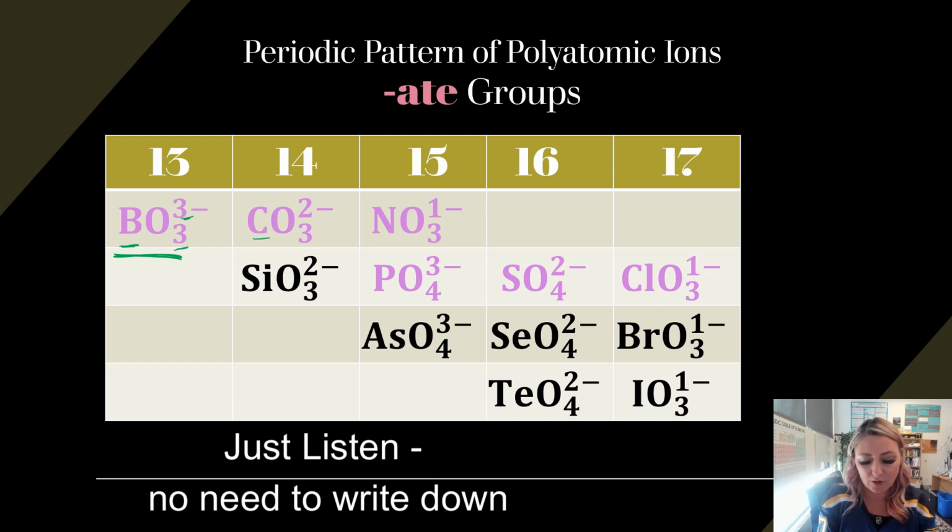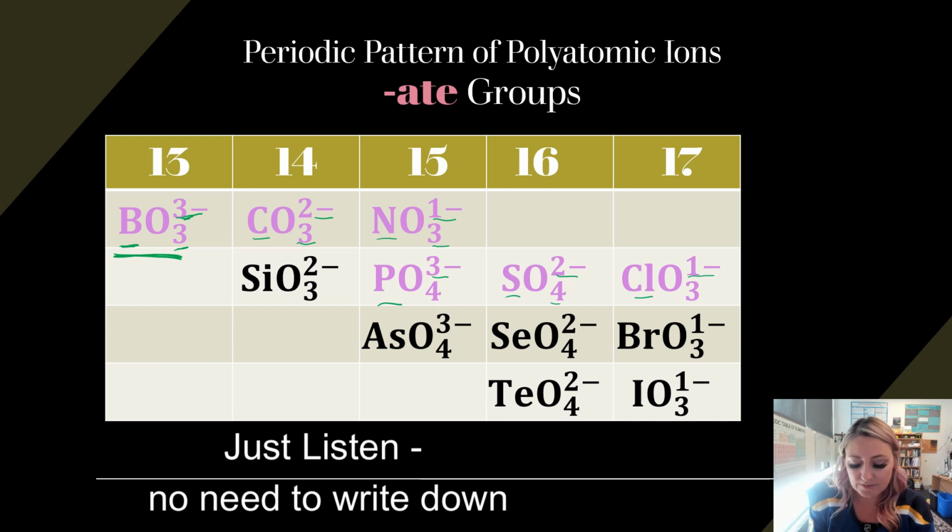Working your way across the carbon family and nitrogen family, there are 3 oxygens for each of the base ATEs, and the charges decrease: 3, 2, 1. We have patterns working across, starting with phosphate, starting with phosphorus, and then sulfur, and then chlorine. We see the same pattern for the charges: -3, -2, -1.